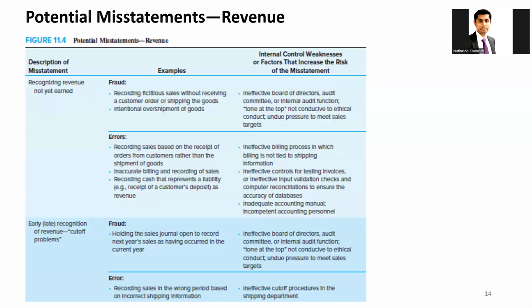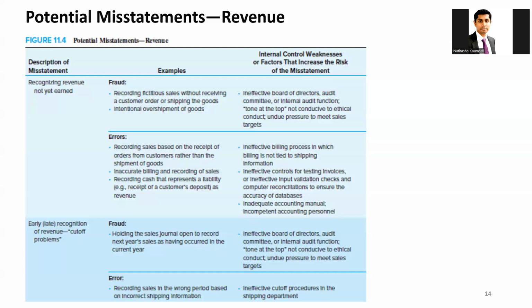So maybe directors or managers are involved in these cases because they want to increase the revenue number just to get their bonus. That is only one example. Not only for bonuses, but just to show the external parties that the company is performing well, just to increase the profits. Likewise, you are trying to record fictitious sales.